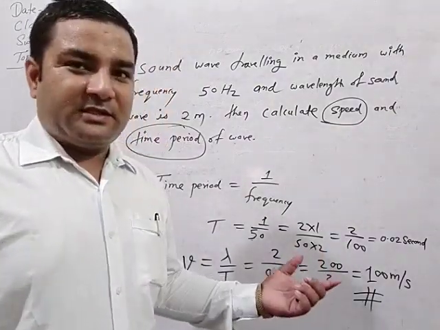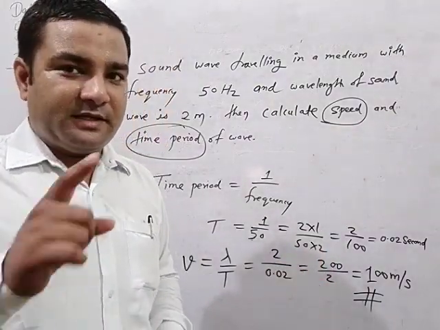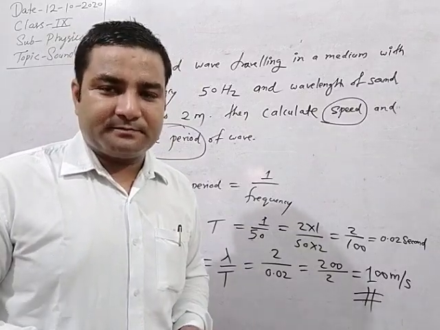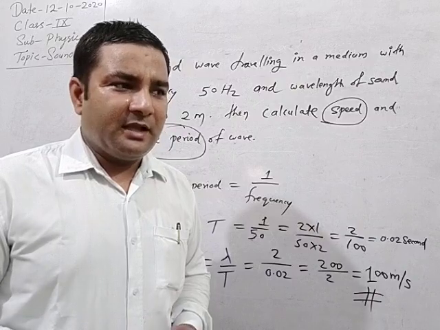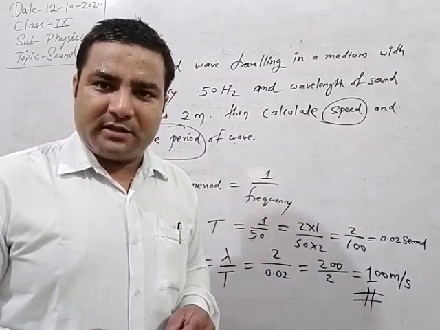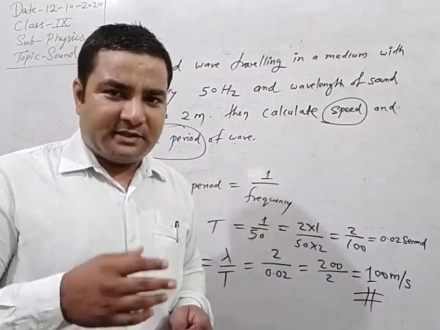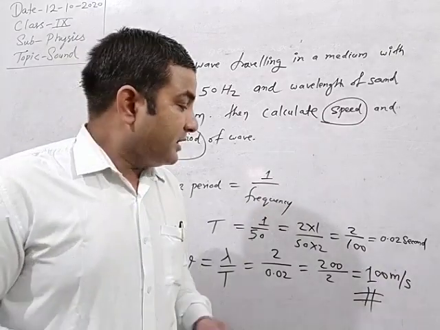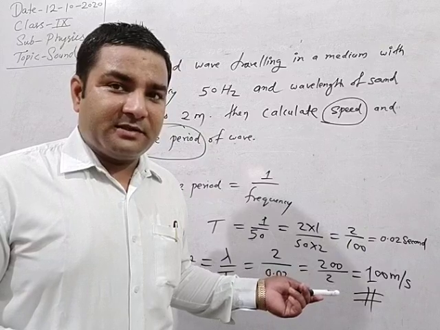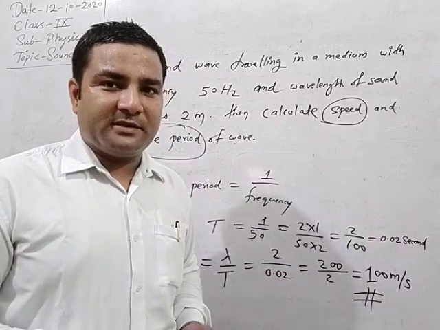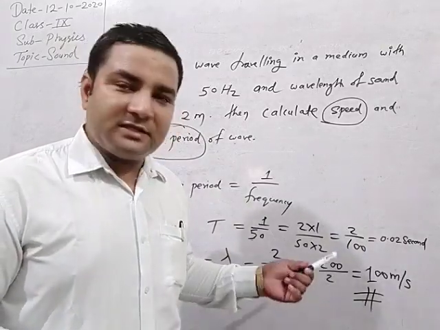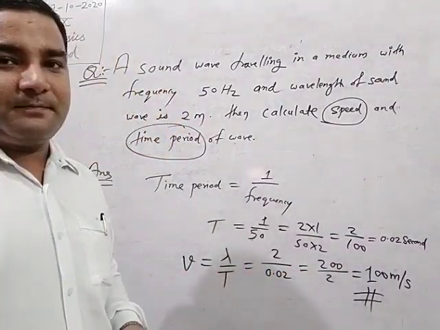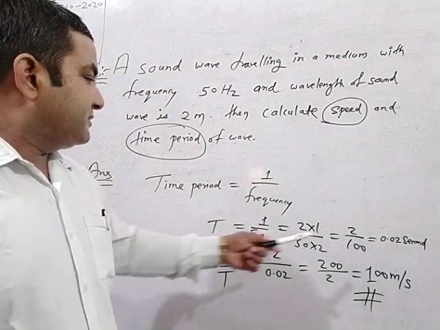It means the medium is not air, because in air the speed of sound is 330. In some cases, such as moist air or increasing temperature, the speed increases to 342 or so. But here it is 100 meter per second, so the medium is different. Speed here has a decreased value. So speed of sound is 100 meter per second and time period is 0.02 second.